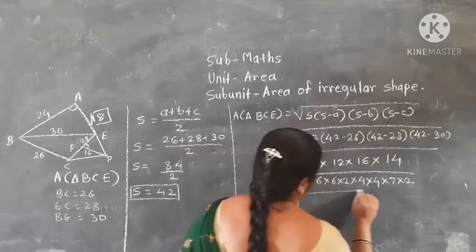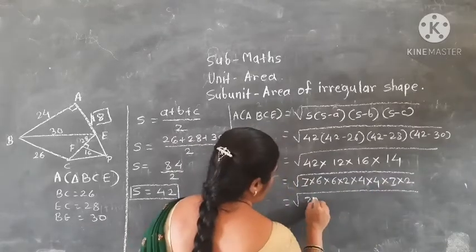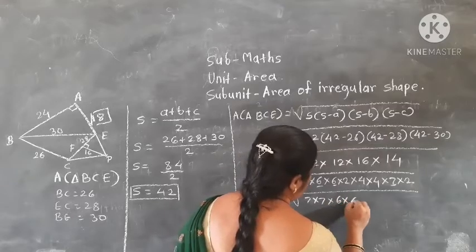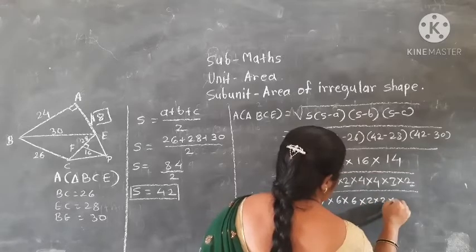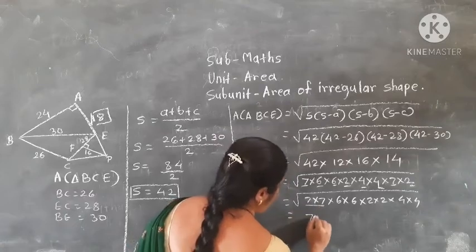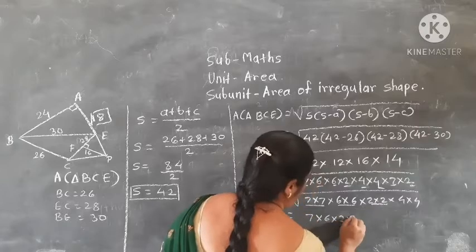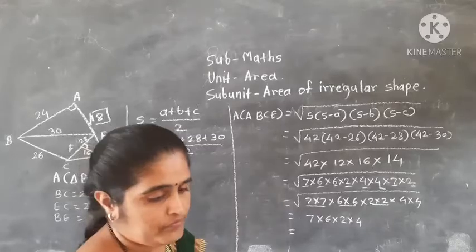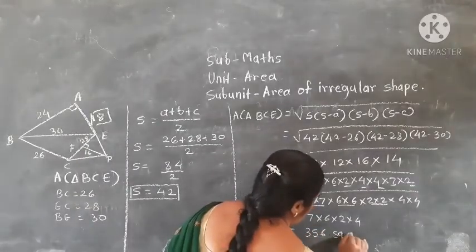Let's write the same values together: 7 into 7, then 6 into 6, then 2 into 2 and 4 into 4. Taking the square root, 7 into 6 into 2 into 4, and our answer is 336 square meter.